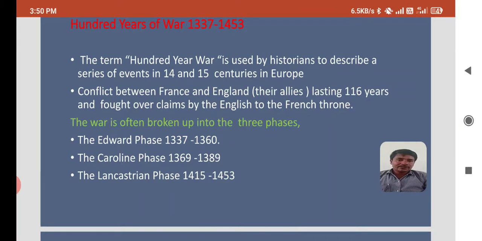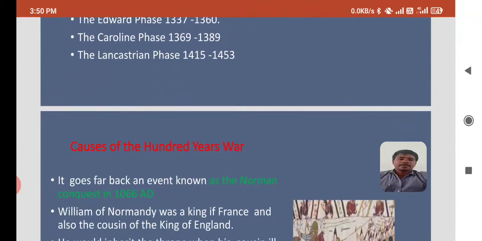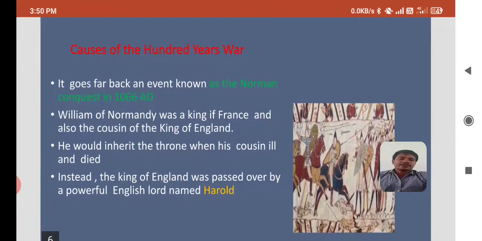The war is often broken up into three phases. The first phase, the Edwardian phase, 1337 to 1360. The second phase, the Carolingian phase, 1369 to 1389. The third phase, the Lancastrian phase, 1415 to 1453. So, the causes of the 100 Years' War.